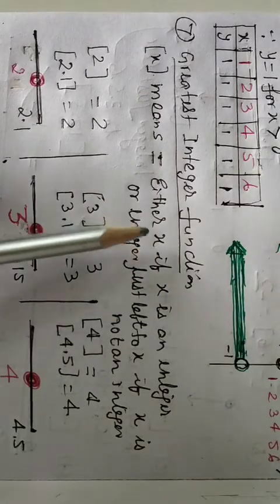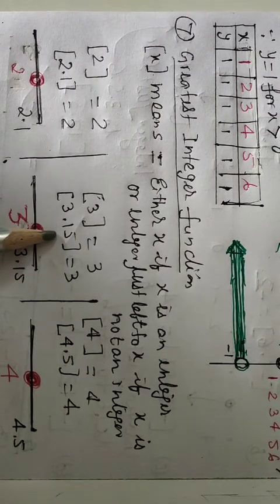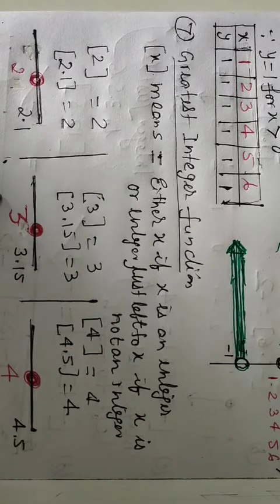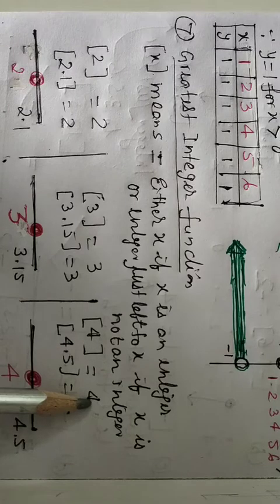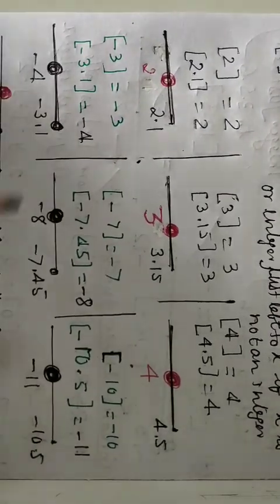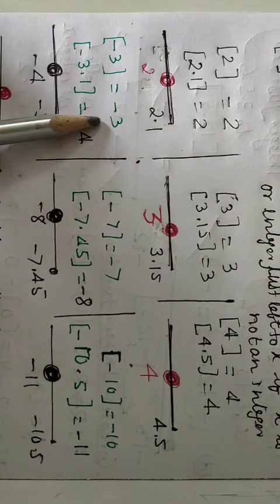There are two statements to be followed. 3 is exactly 3. In case of 3.15, move towards the left, just left. To the left of 3.15 is 3, so 3 is the answer. Greatest integer of 4 is 4. Greatest integer of 4.5 is 4, since the integer to the left of 4.5 is 4. Similarly, for negative, greatest integer of minus 3 is exactly minus 3.